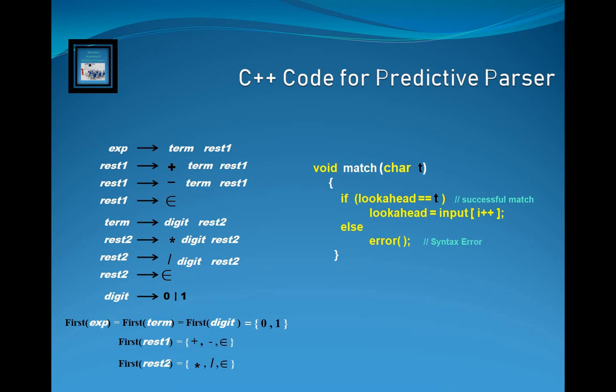For the sake of simplicity, we are going to represent each token by a character. That's why the type of token is character here. And you will see in the next slide that this input is our one-dimensional array of characters, which we have already declared.